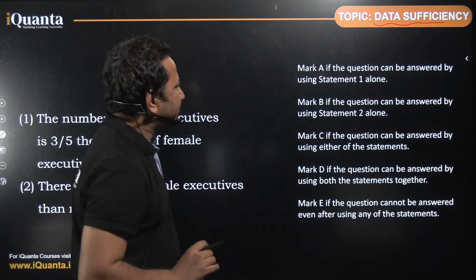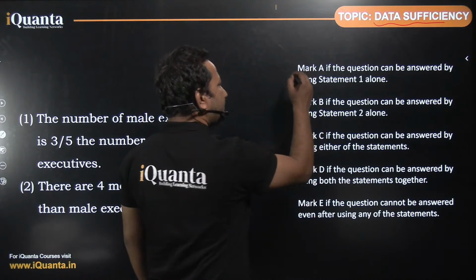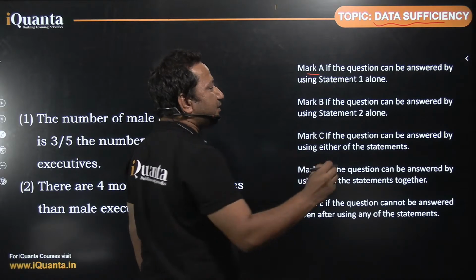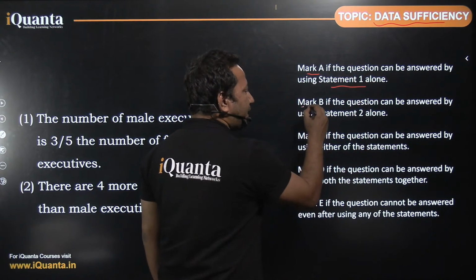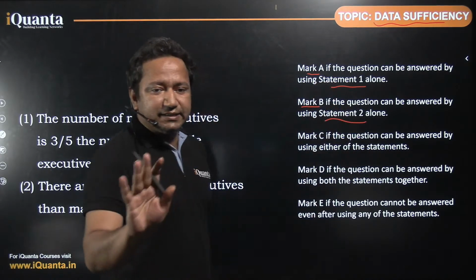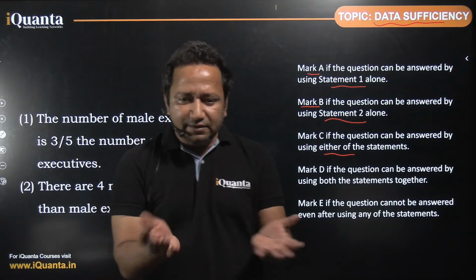Well, let's discuss this question first of all. You have to mark A if the question can be answered by using statement 1 alone, mark B if it can be answered by using statement 2 alone, mark C if either statement is self-sufficient to answer the question.